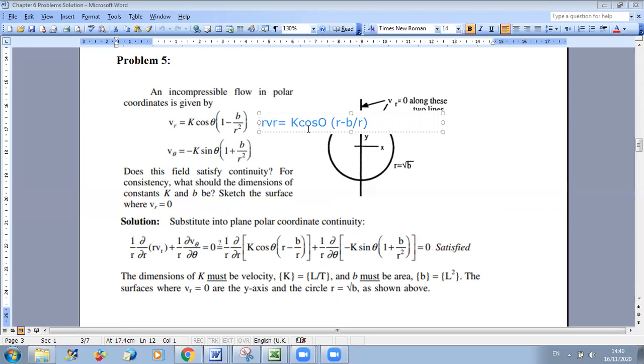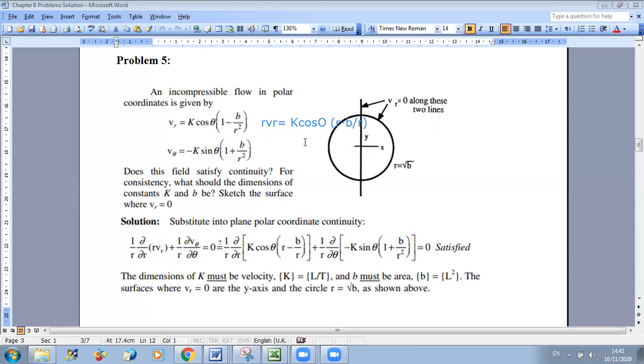You get K cosine theta, minus, if you derive minus B over R, you get B over R squared. So if we replace into our equation, the del of del R with respect to R... let us do it here.